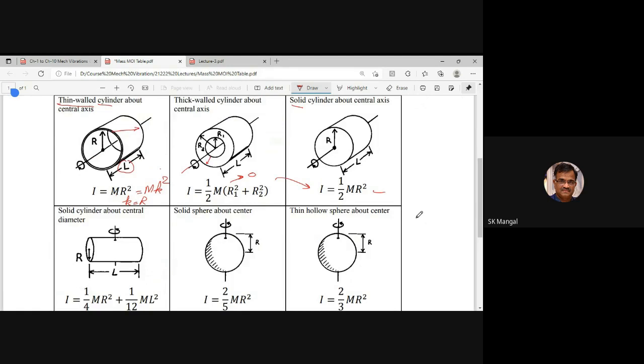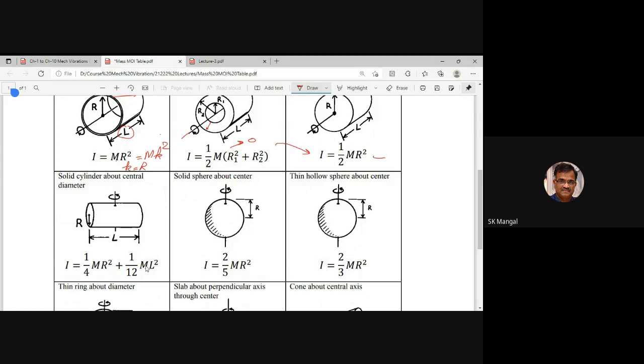Now if you want to find the solid cylinder moment of inertia about the perpendicular axis passing through the CG, then it comes out to be 1 by 4 m r square plus 1 by 12 m l square. Similarly, when you are having a solid sphere, it is having 2 by 5 m r square about an axis passing through the center.